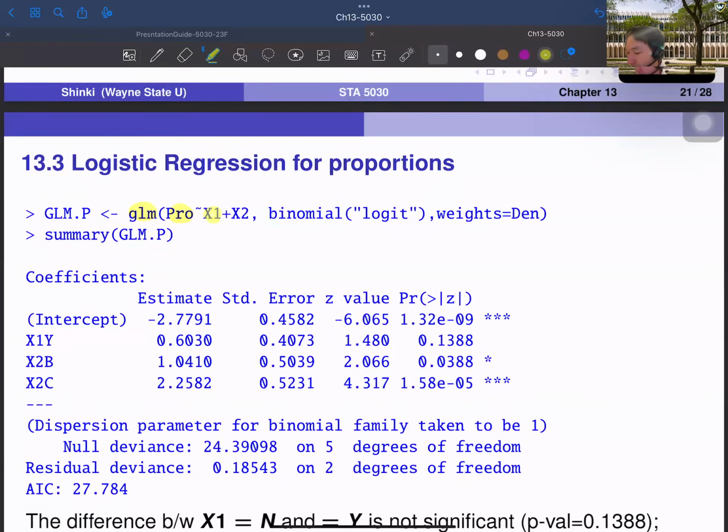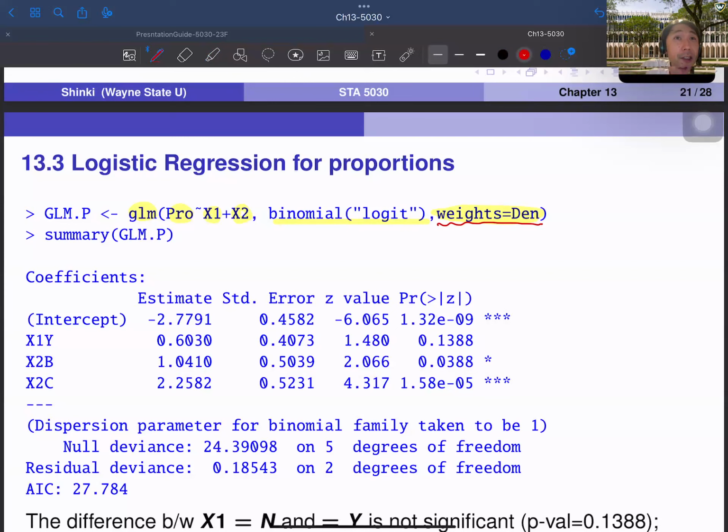Then we put the tilde x1 plus x2, and we can fit the logistic regression. Binomial logit is the same. But we have to give the weights because we have 50 observations, so we need the weight of 50 for this. We have to specify this. Except for this, the format is the same as logistic regression discussed in 12.2.